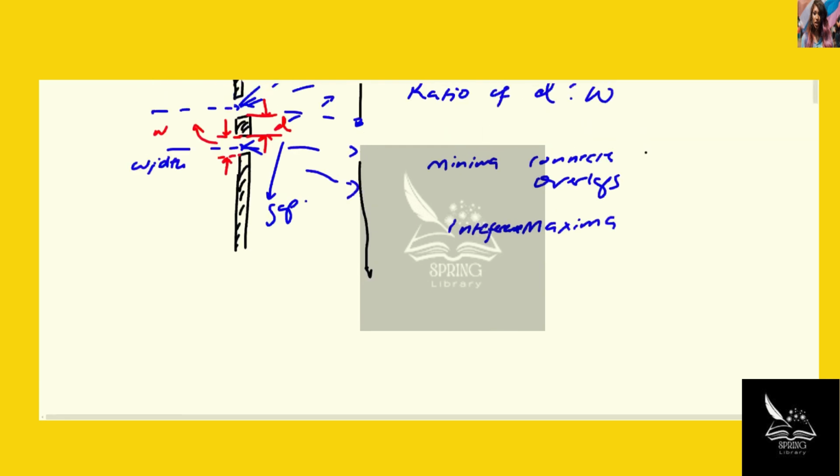The first thing we want to do is go ahead and see that D sine theta equals m lambda, and that's for double slit interference. So that's the condition we're dealing with.